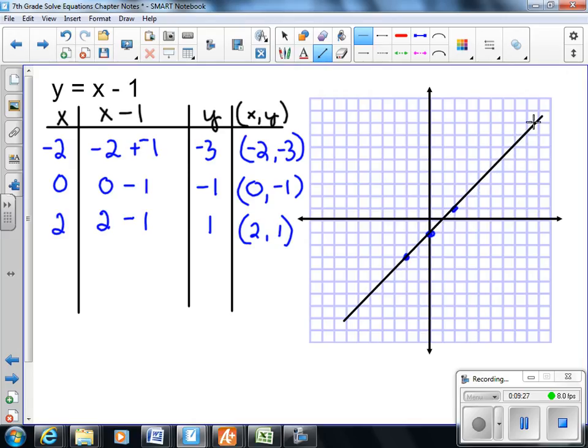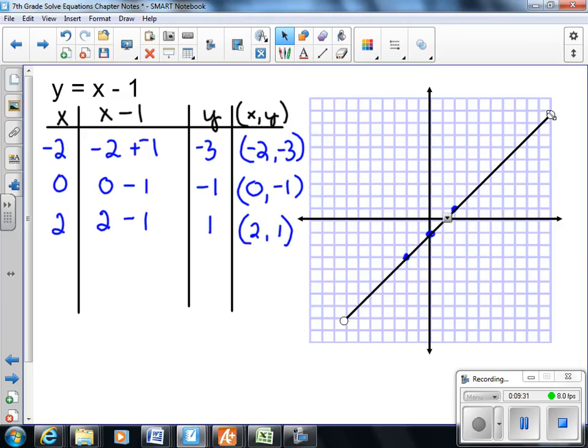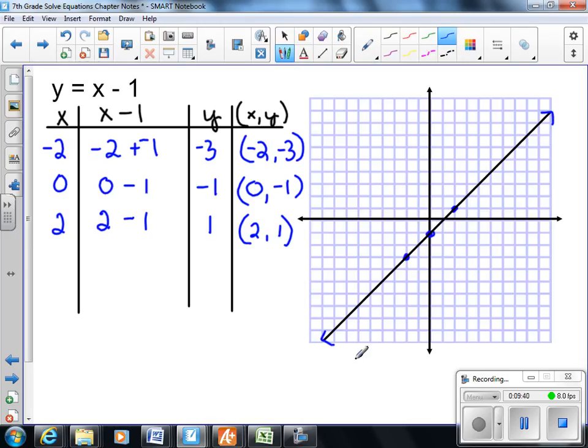When you make your line, go all the way through your graph, all the way through your grid, please. Extend it on out. And so this is a linear function, x minus 1. That's the name of it. Y equals x minus 1. Makes a straight line and a linear function.